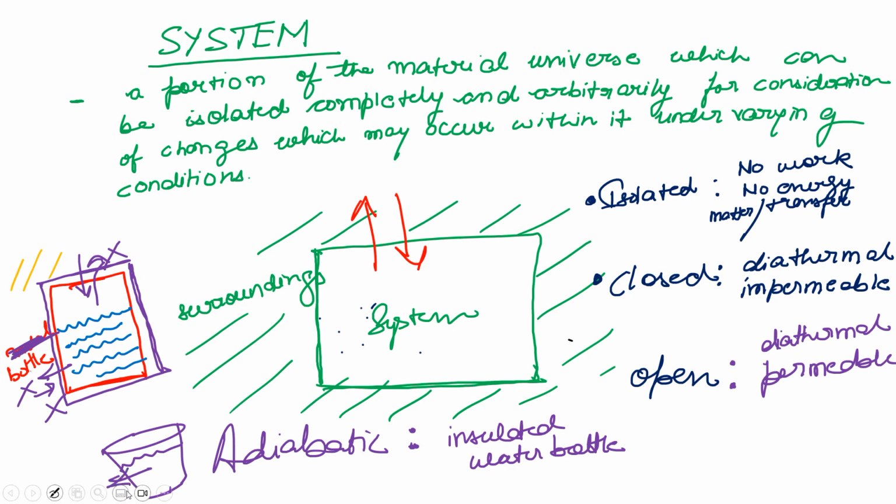We have heat flowing in and out of the system, as well as evaporation happening from the surface. So we have mass exchange as well as heat exchange. So this is how we'll have both transfer of mass and heat, and this is an open thermodynamic system.